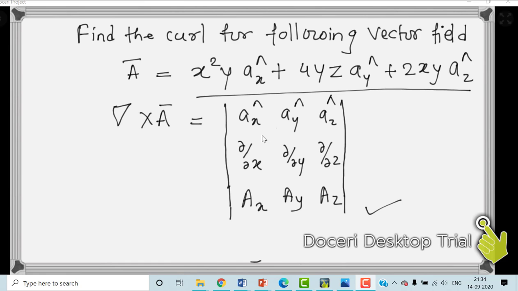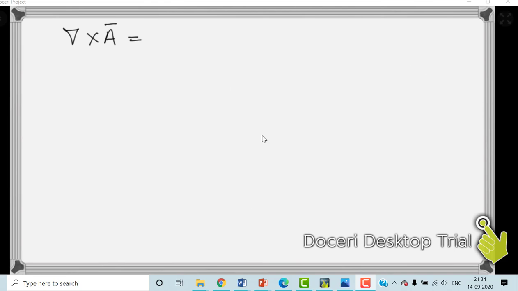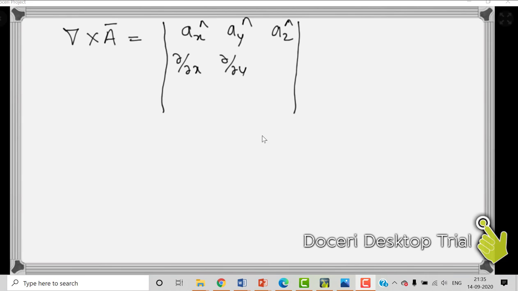So let us find out. If we write del cross A bar, then in the previous equation this component is the Ax component, this component is the Ay component, and this component is the Az component. So we will write again the same determinant: ax cap, ay cap, az cap, dou by dou x, dou by dou y, dou by dou z.